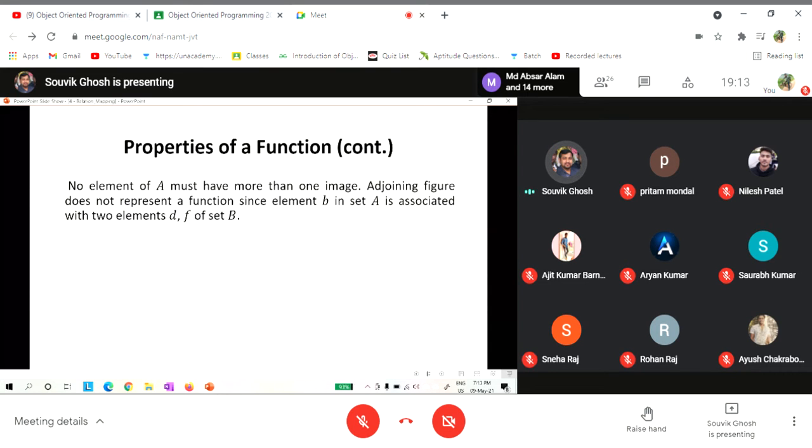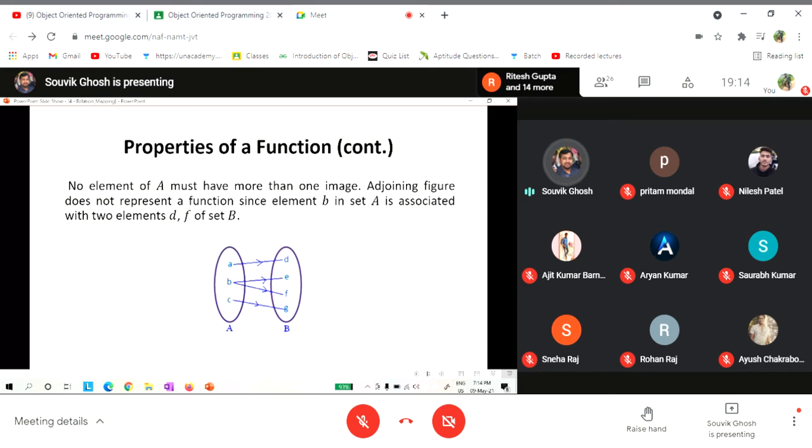The second property is no element of A must have more than one image. So one element of the set A cannot be related to more than one element in set B. It should be related to one element of set B only. So we have one figure.